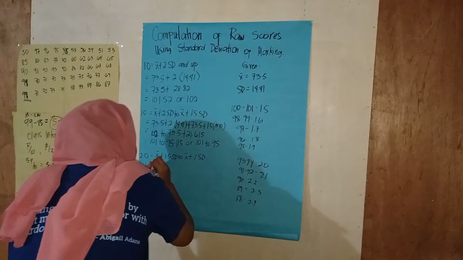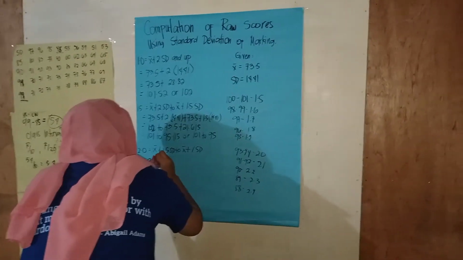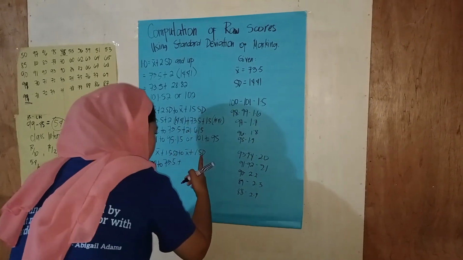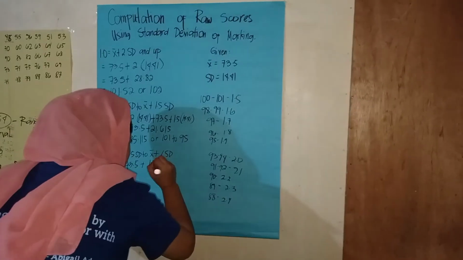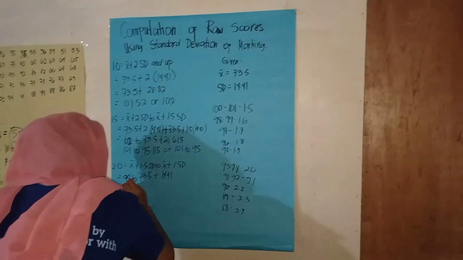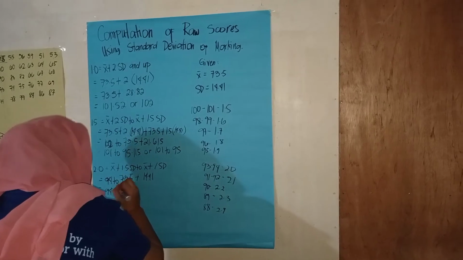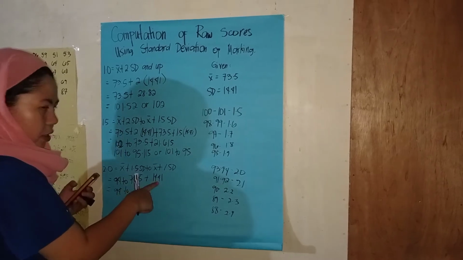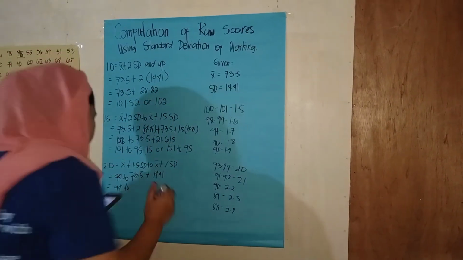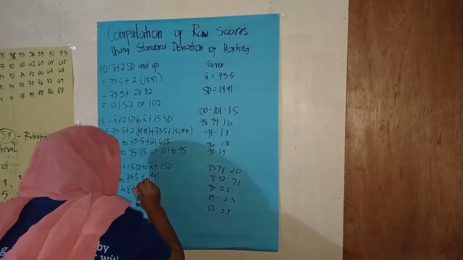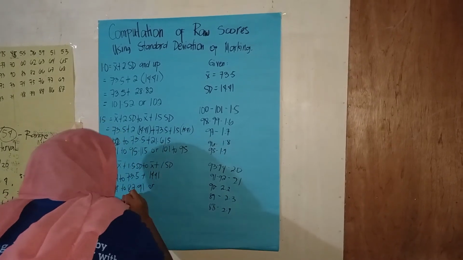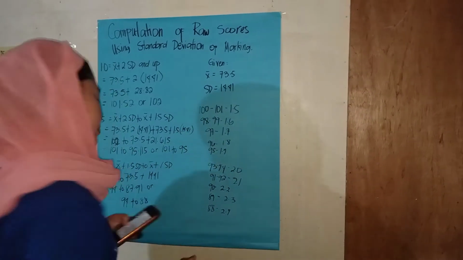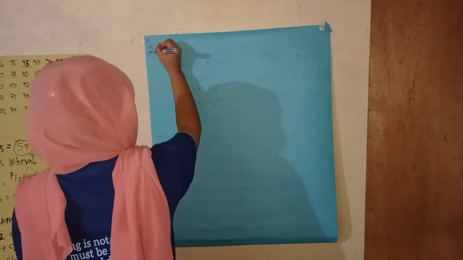Our given 94 to our mean 73.5 plus our standard deviation 14.41 equals 87.91, or 94 to 88.